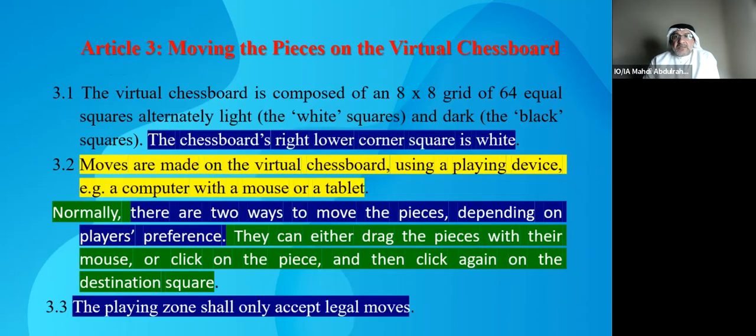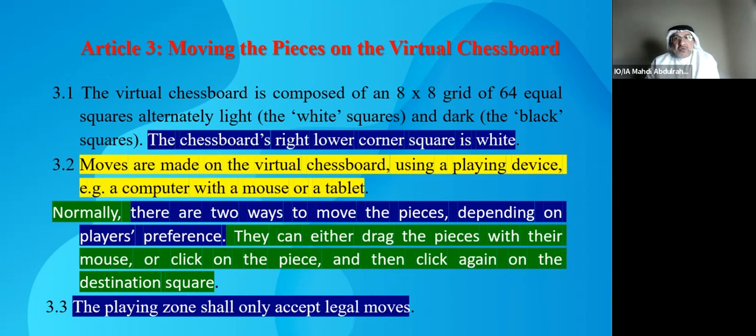Moving the pieces on the virtual chessboard: the right lower corner square of the chessboard is white, as on a physical one. Moves are made on the virtual chessboard using a playing device, for example a computer with a mouse or a tablet. So we use the mouse to move our pieces.